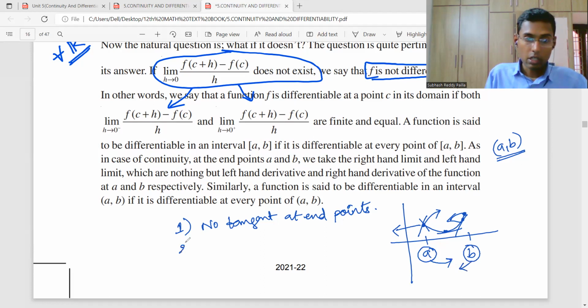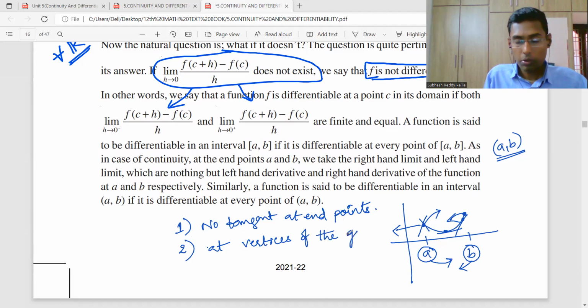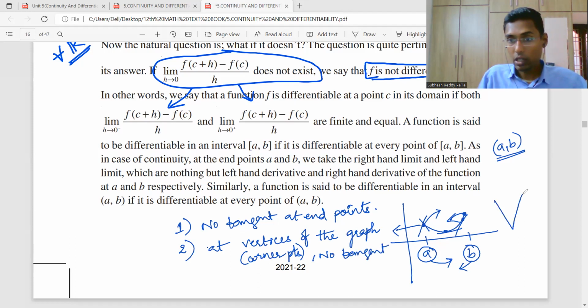Second point is at corner points or at vertices of the graph. The graph may be anything, but at vertices or corner points there is no tangent. For example, we saw the other day the graph of the modulus function.